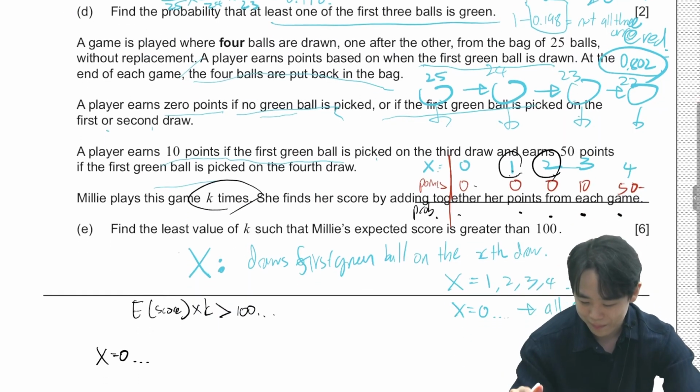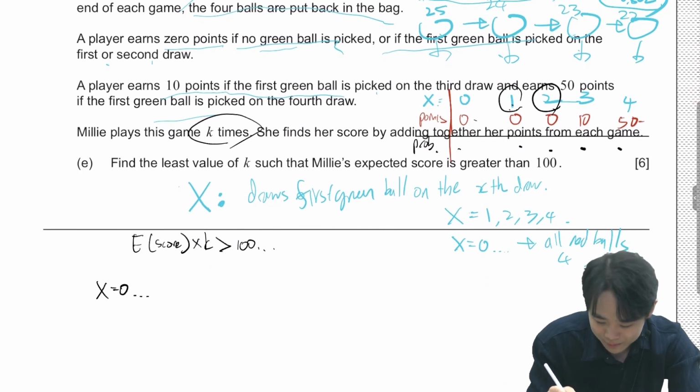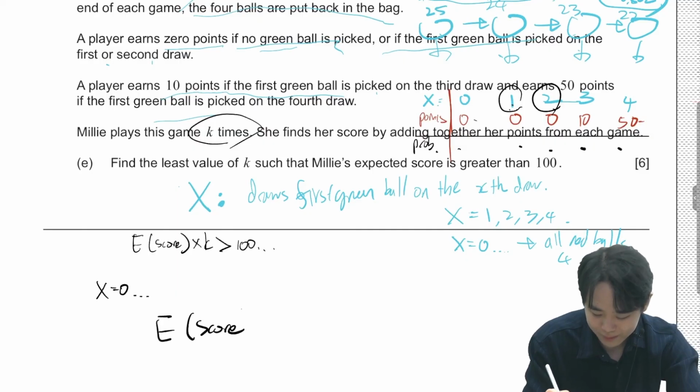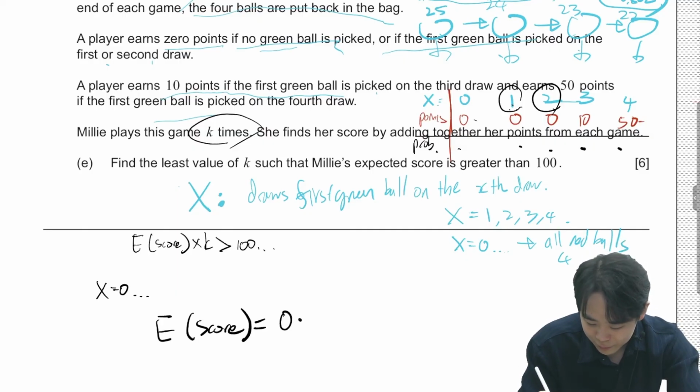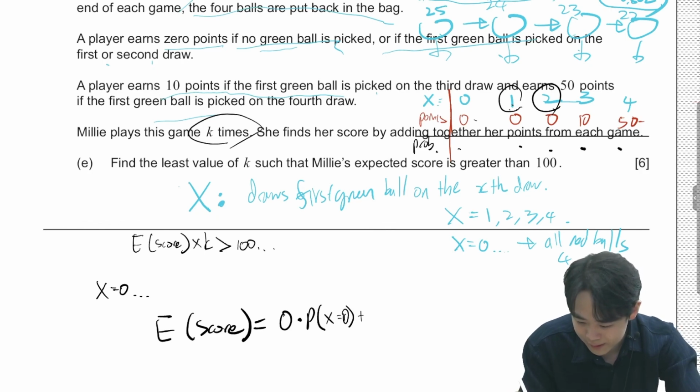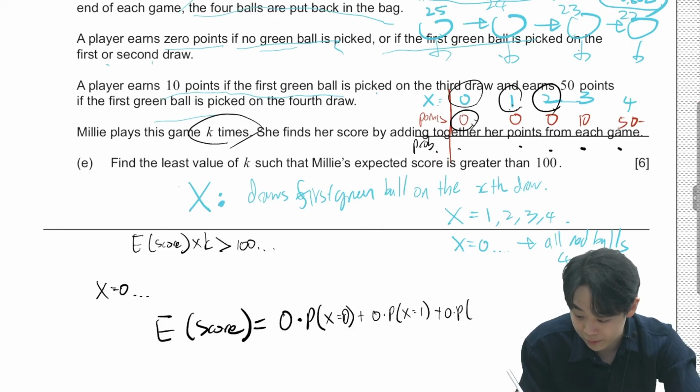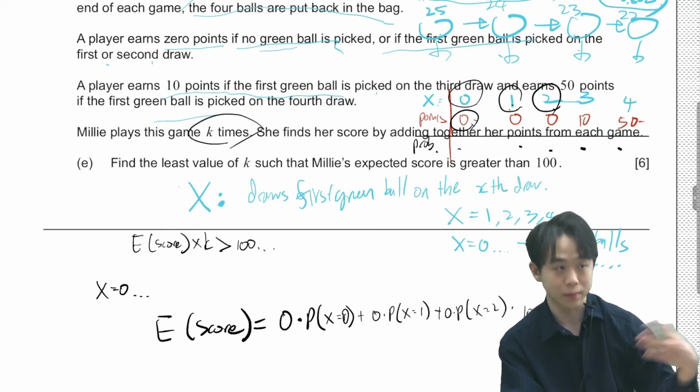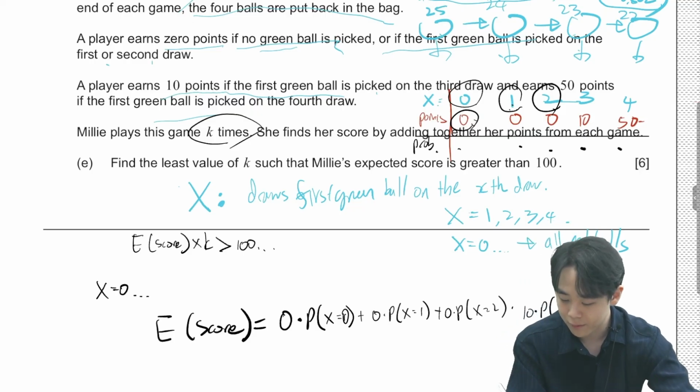To sum it up, the expected score is basically going to be 0 times the probability that x is 0, because that's the points you earn versus the event happening. 0 times probability of x being 1, 0 times probability of x being 2, and then we have 10 points for the probability of x being 3, meaning the probability of you drawing a green ball for the first time on the third draw. Then we have 50 times probability of x equals 4.